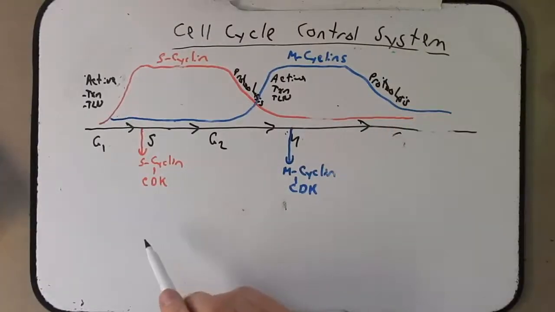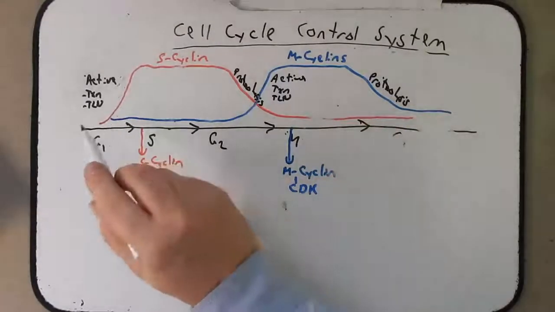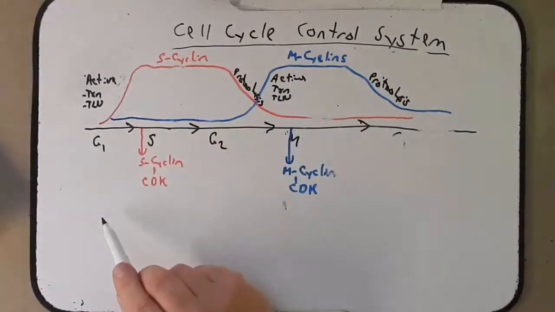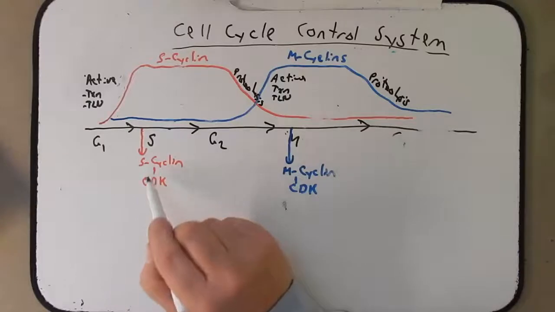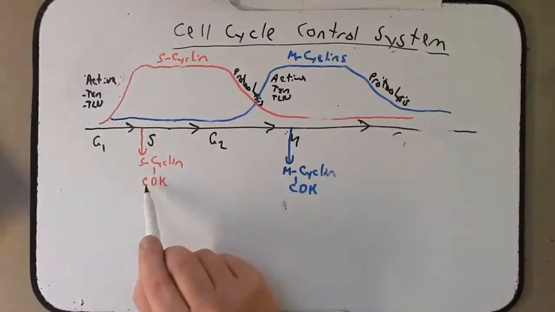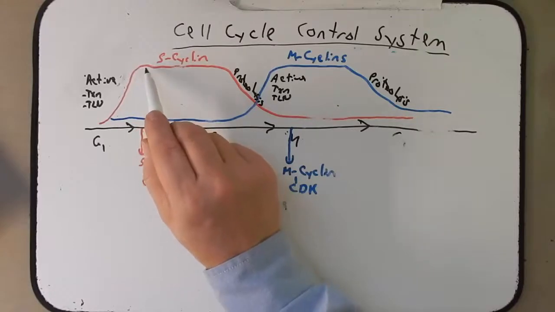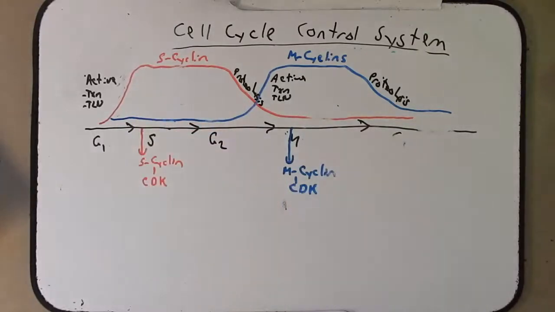Another thing on this diagram here is that we see S cyclin slowly moving up in concentration, but it doesn't immediately activate the CDK. Slow increase in cyclin, but then at some point the activity happens abruptly and all of it is activated.